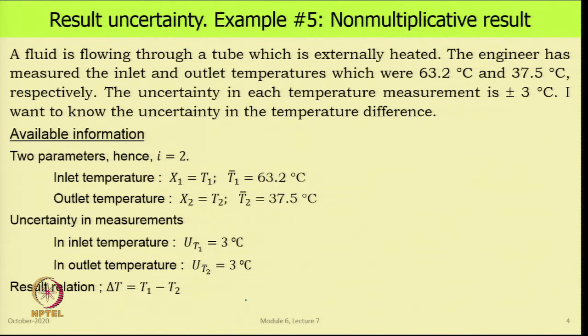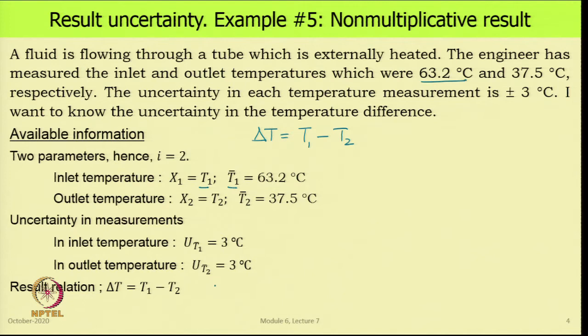Let us phrase the problem in our own terms and symbols. First, we have our result formula. We say that delta T is equal to the difference of two temperatures T 1 and T 2, and there are two parameters, I equal to 2. Inlet temperature, which is parameter number 1, is T 1, and its mean value given to us is 63.2 degrees Celsius.